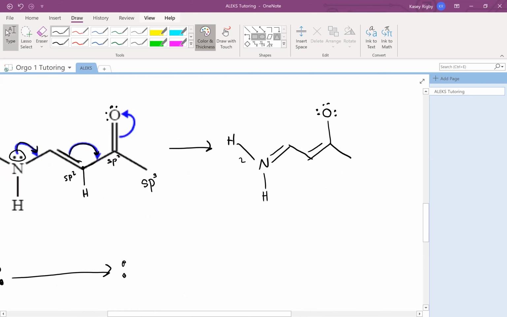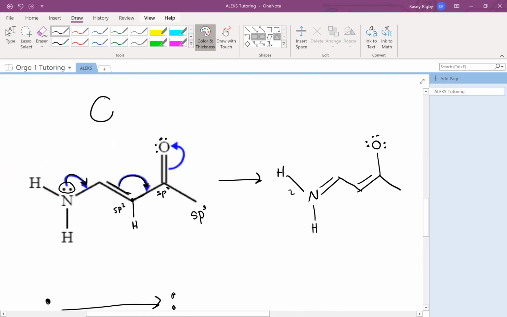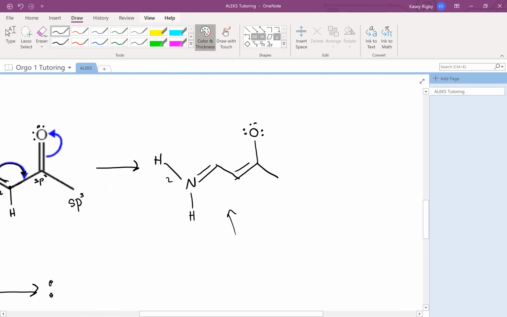It's just the double bonds and lone pairs move. That's a resonant structure. So what we have to do is make sure that the net charge, which is the charge of the overall molecule, is the same on both of these. This is where the formal charge comes in. So if we look here, this one has a net charge of 0. So we have to make sure that this also has a net charge of 0. Okay?